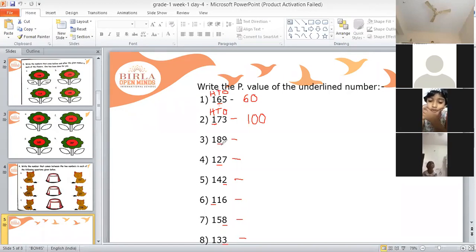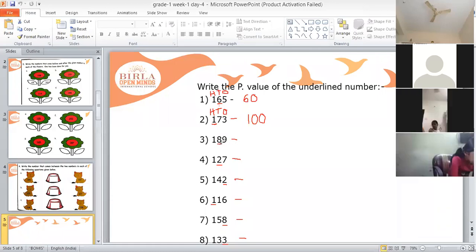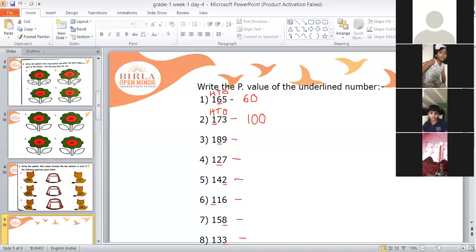Ashita, you tell me what is the underlined number in third bit? What is the underlined number here? 8, ma'am. Yeah, 8. And now tell me what is the place of this 8 here? 1's place or 10's place?